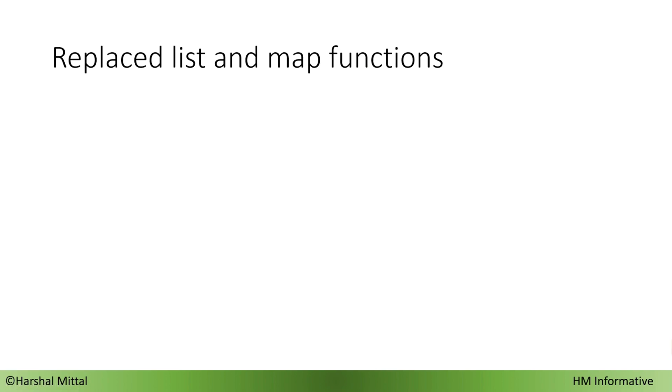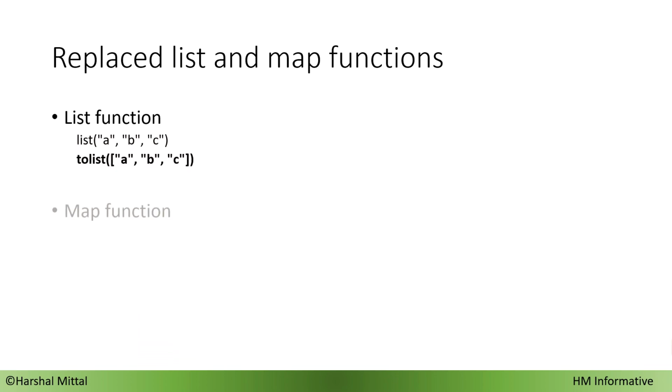Replaced list and map functions. Now the list and map functions are deprecated, and these functions have been replaced by tolist and tomap. The list function has been replaced with tolist, and the map function has been replaced with tomap.